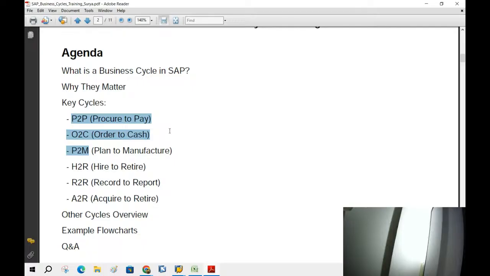You may give him a staff quota, or you may give him an office Ola or Uber, and you may give free admission to your children in the school. The company may give free medical facility to the employees and their family. So then comes payroll and benefits.